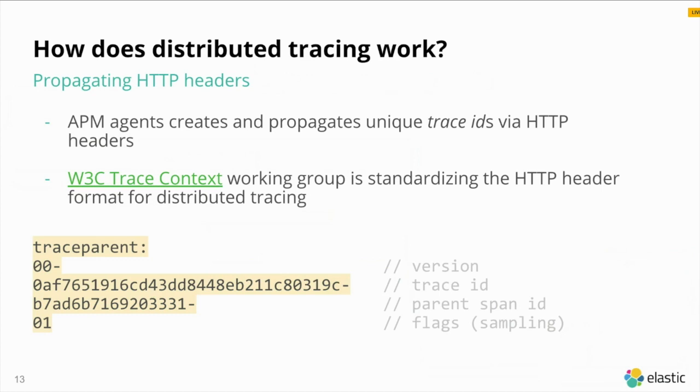There's a working group, the W3C Trace Context Working Group, that is currently working on standardizing the HTTP header format for distributed tracing. That's a great initiative and something that's been missing for sure, because you obviously want all agents to be able to link services and requests together.